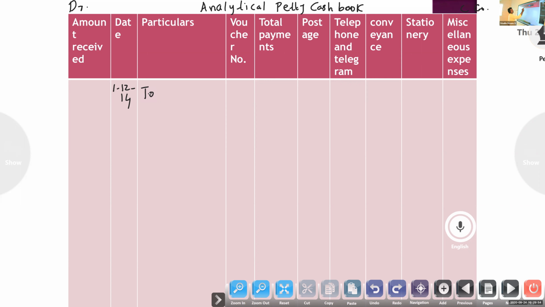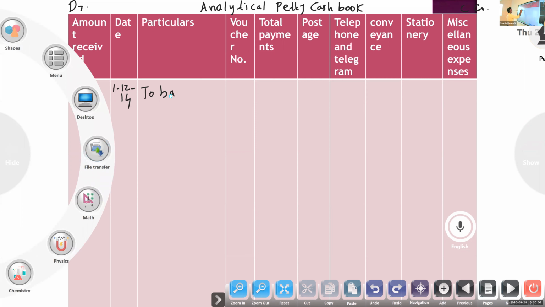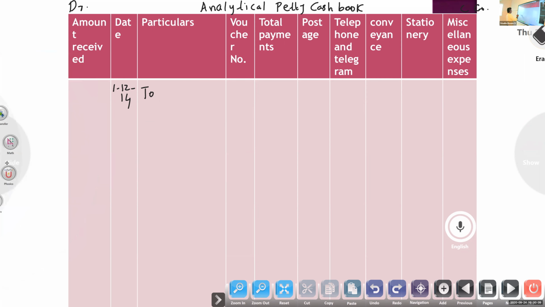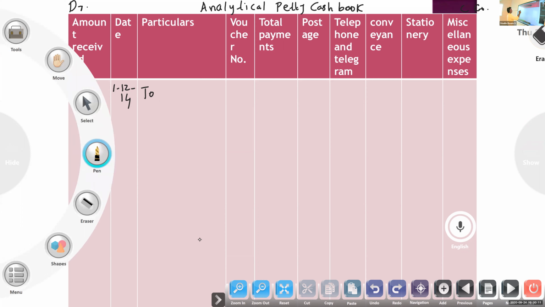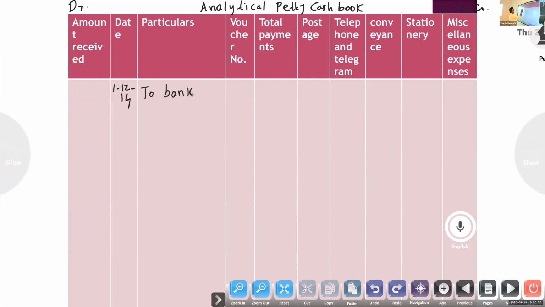So here we can write to balance BD, otherwise you write to check, to cash, to bank account 500. Okay, 1st December imprest amount to bank 500.